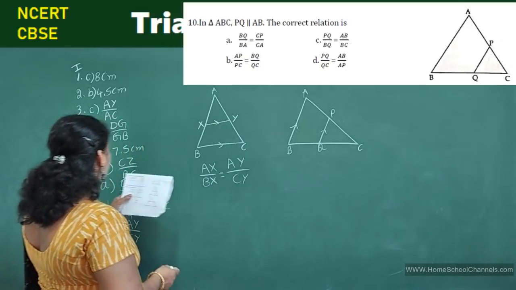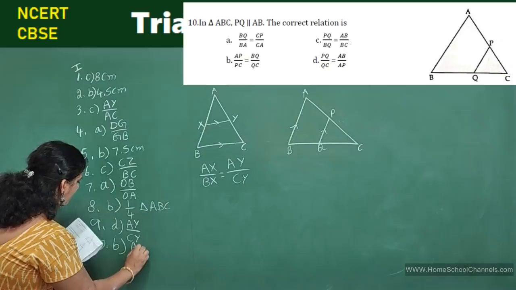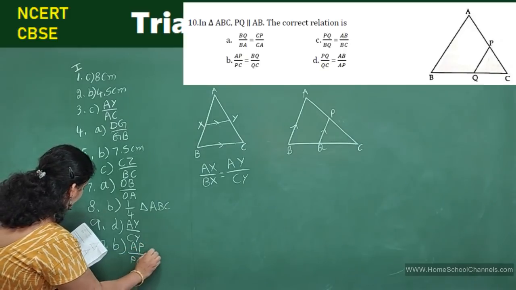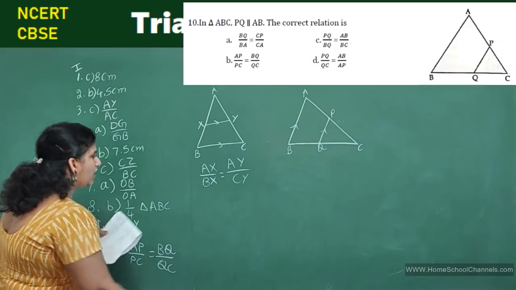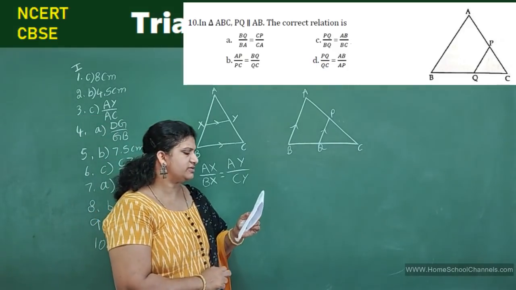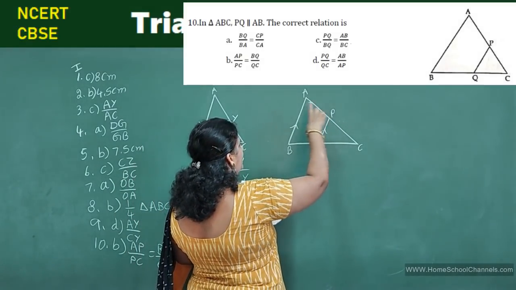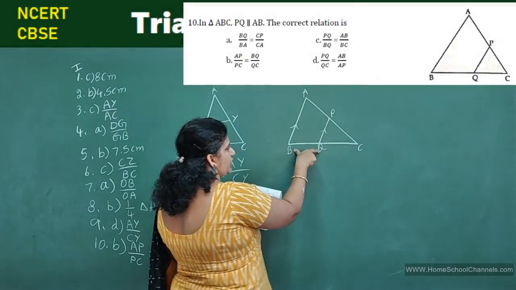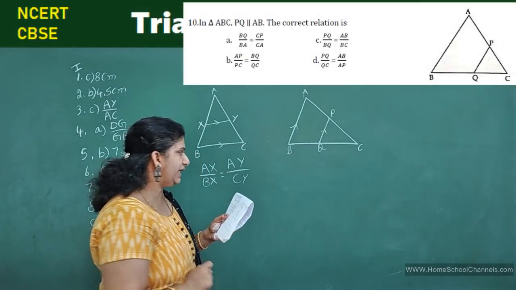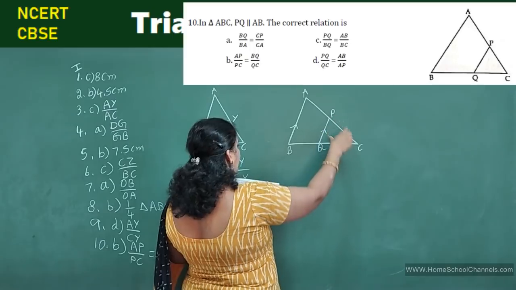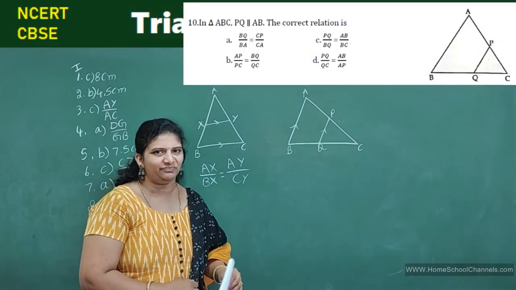So I go with option B. Let me see option C also here. That is PQ by BQ. Can you compare like this? No, never. And now option D, PQ by QC. No, I cannot compare. So I go with option B.